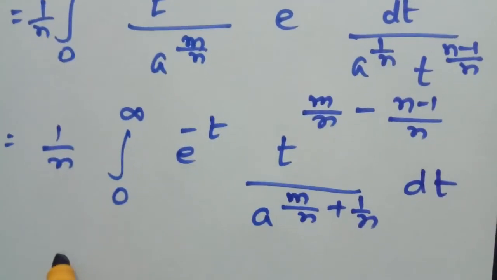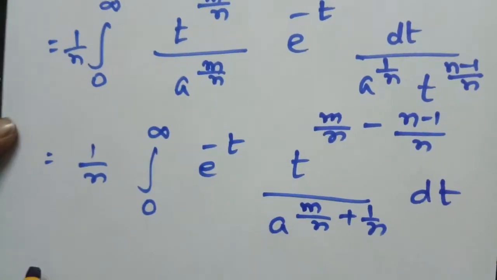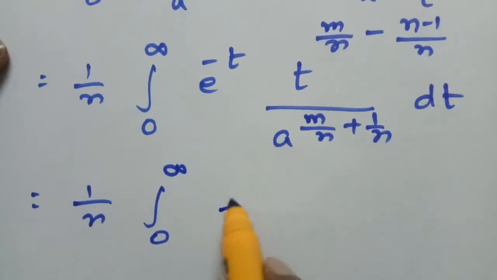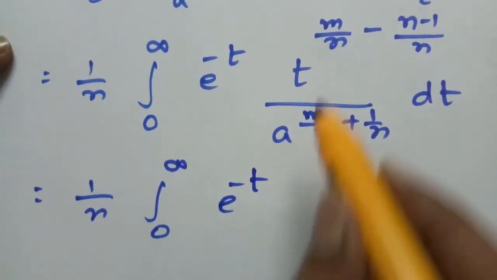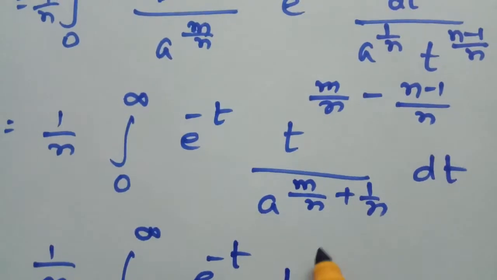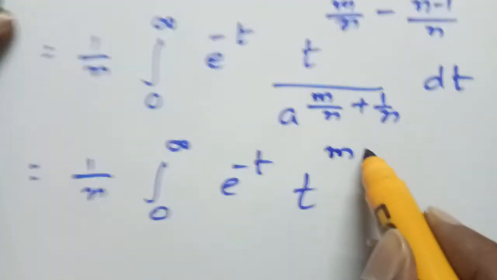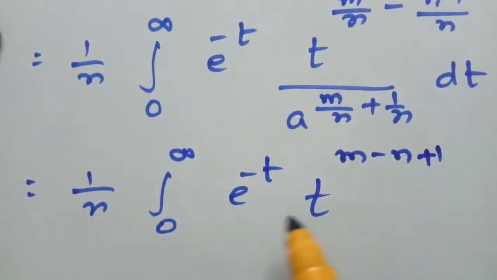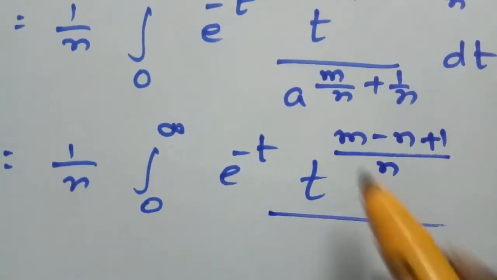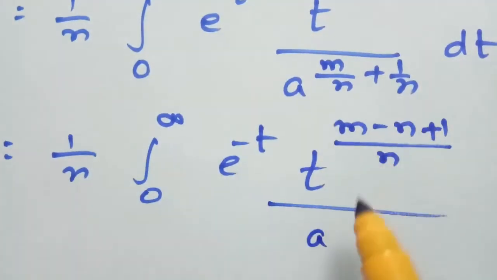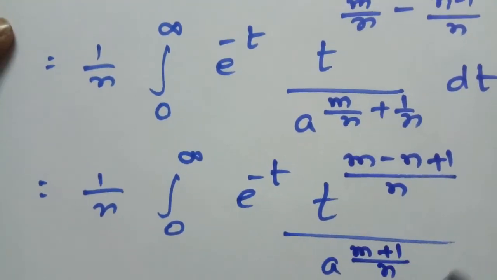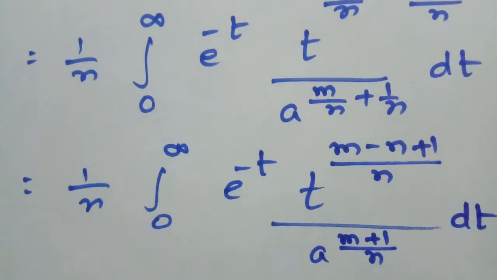Therefore, this can be written as 1 by n into integral 0 to infinity e to the power of minus t into t to the power of, LCM n, m minus n plus 1 by n, by a to the power of m plus 1 by n into dt.